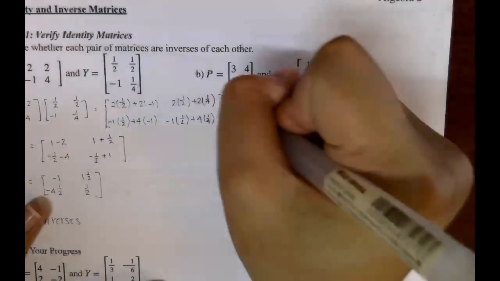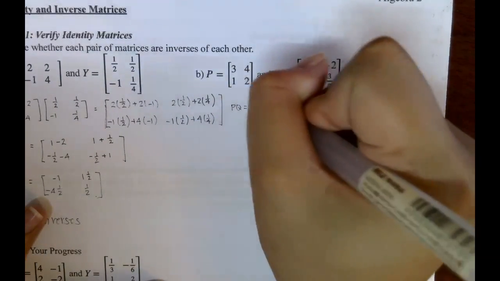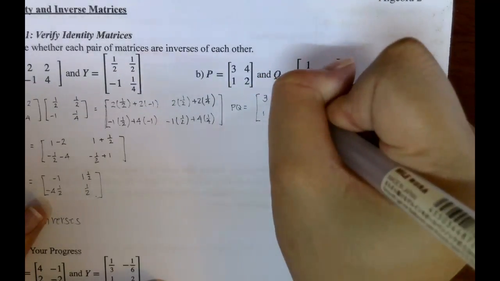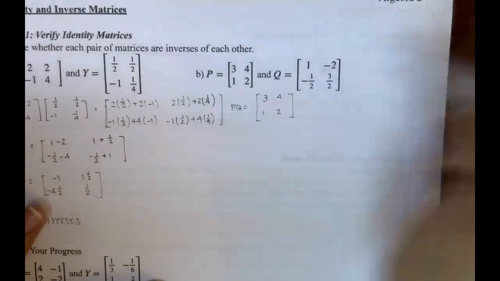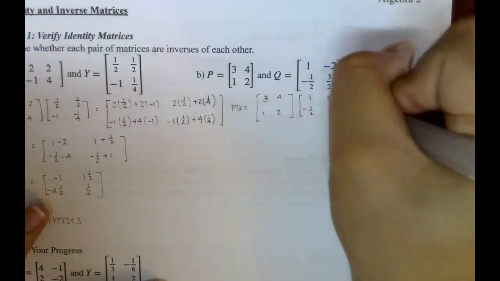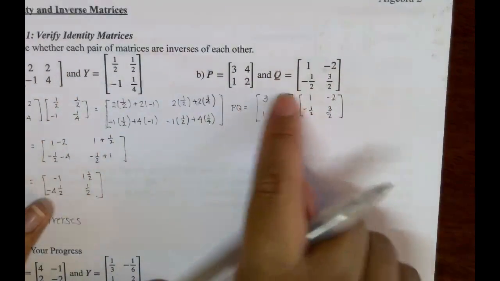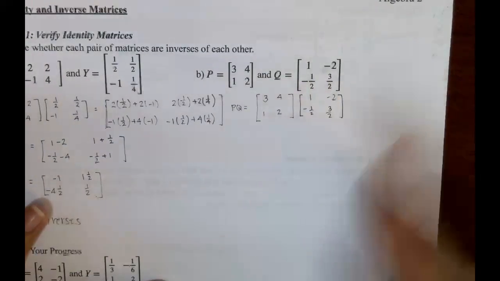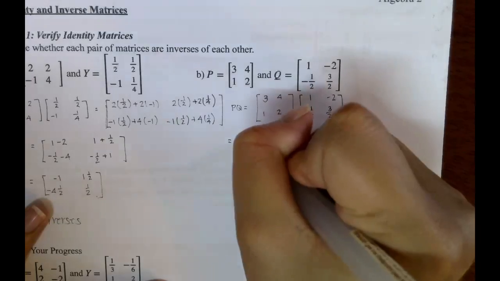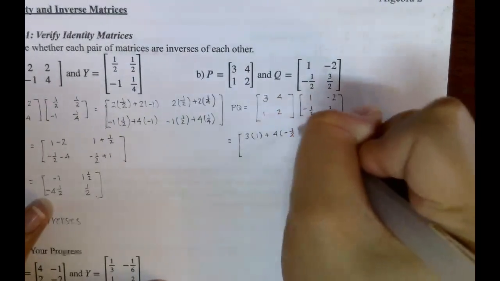Okay. So I'm going to start by multiplying P and Q together. So then 3, 1, 4, 2, multiplied by 1, negative 2, negative 1 half, and 3 halves. Okay. So we're going to start with this row and this column. So 3 times 1 plus 4 times negative 1 half.